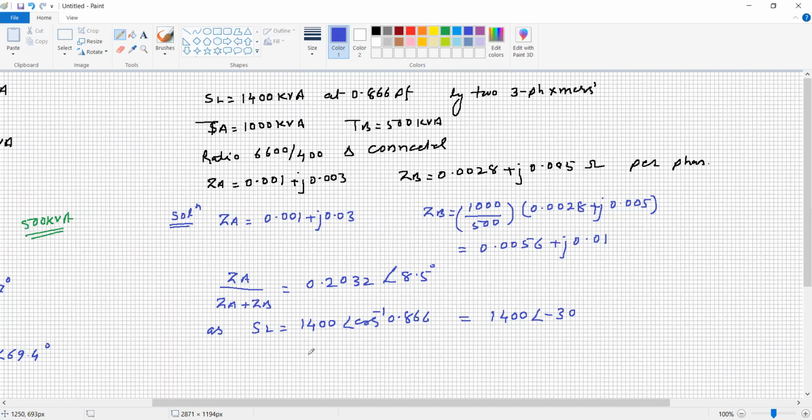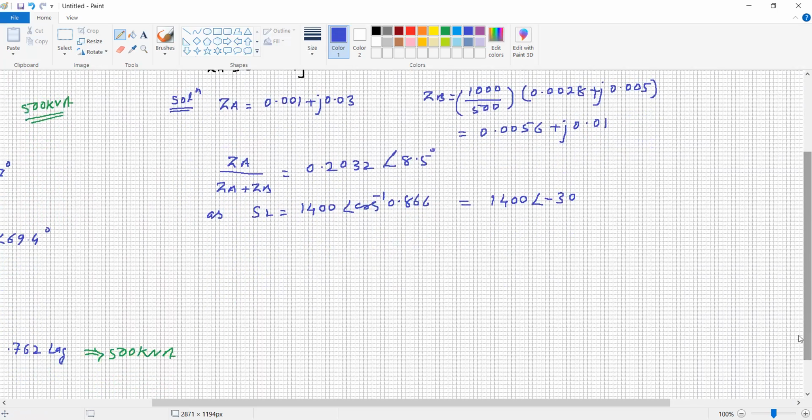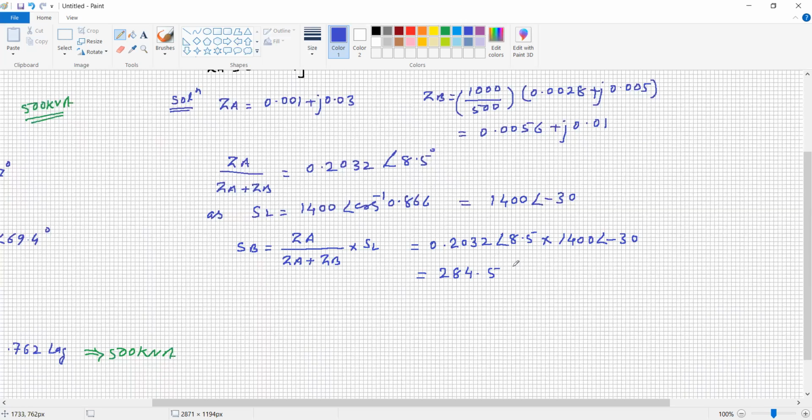Therefore, the load shared by transformer B, SB, is equal to ZA upon ZA plus ZB into SL, which is equal to 0.2032 at an angle of 8.5 multiplied by 1400 at an angle of -30, equal to 284.5 at an angle of 21.5.